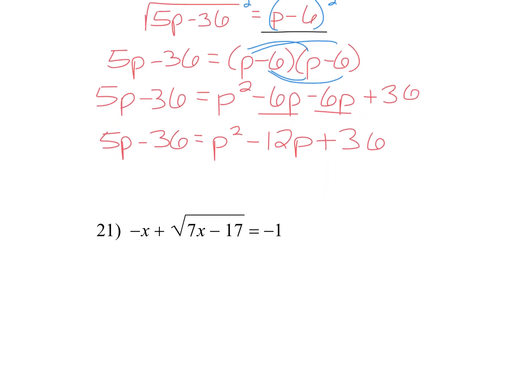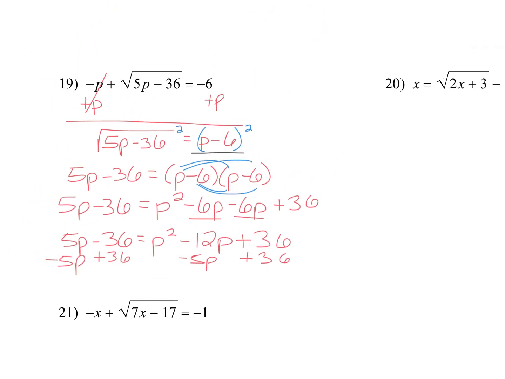Okay. Now what do we do? Yep, we have a p squared here, so we want to get everything on one side, on that same side. So I'm going to add 36 and subtract 5p.